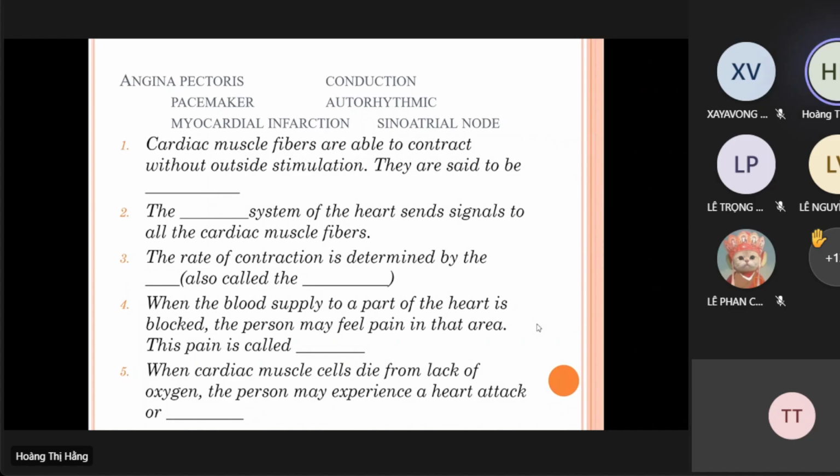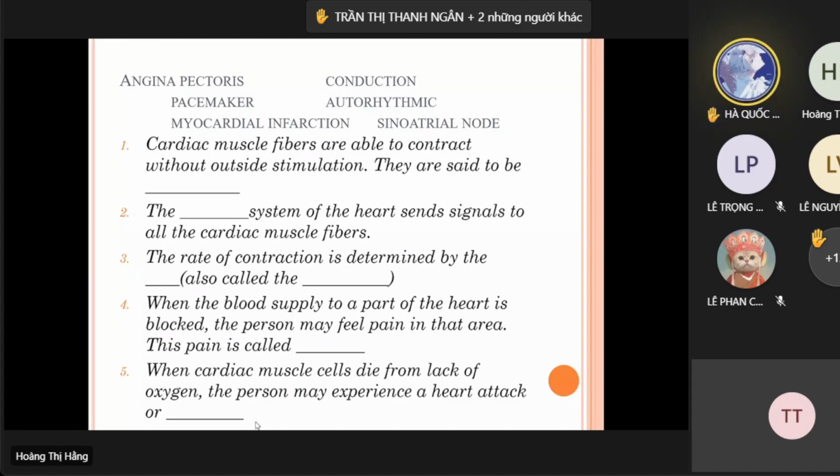Rồi, đầu tiên hồi nãy trả lời rồi, cô mời Quốc Huy, Hào Quốc Huy. Number 1, cardiac muscle fibers, they are said to be auto-rhythmic.